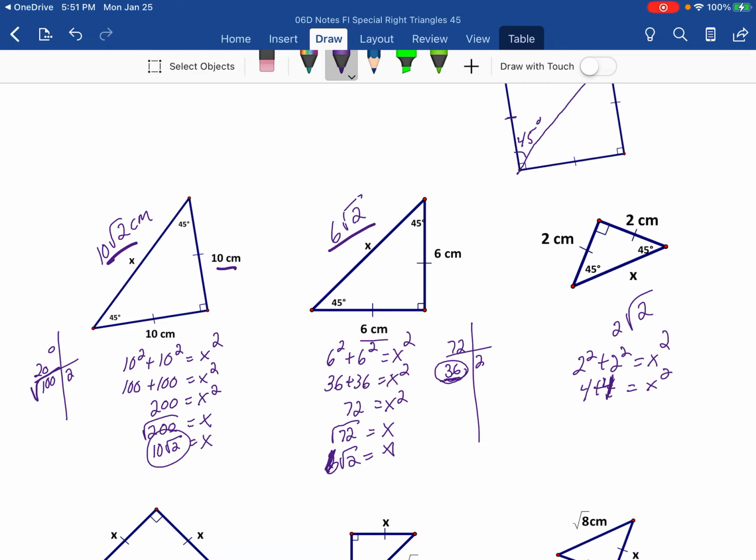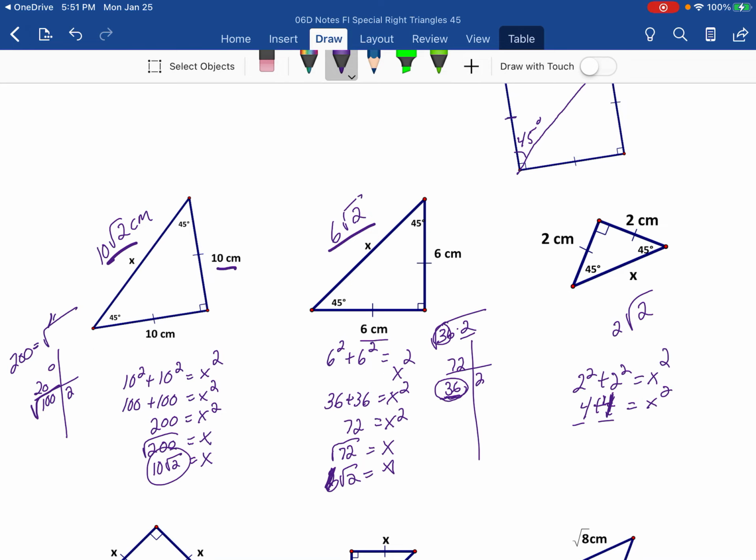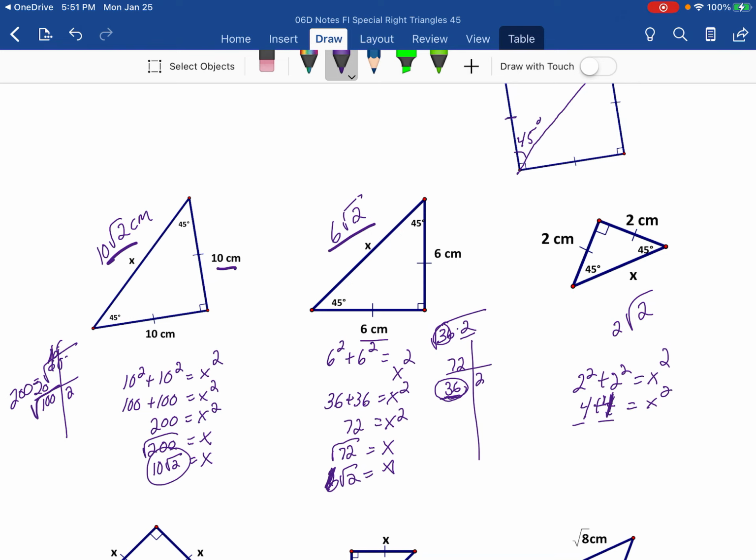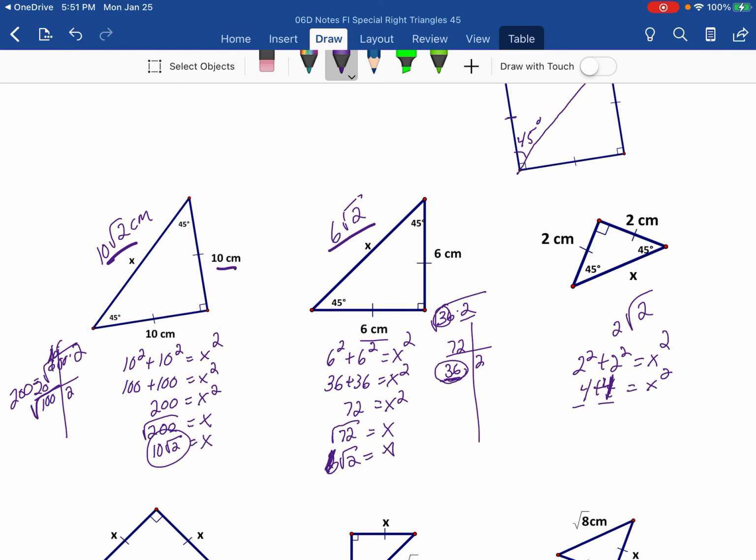Now, some of you will really notice that every single time I'm going to end up having a perfect square, where radical 72 is actually 36 times 2. And so I have my perfect square, and then the 2 left over. This one, 200, was 100 times 2.